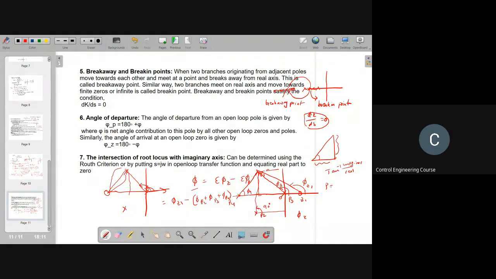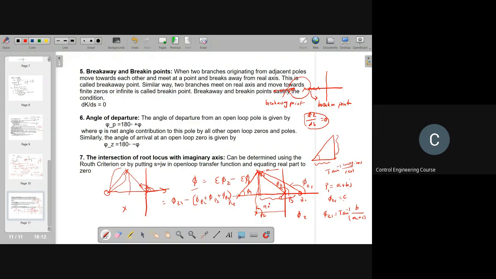Let's say P1 coordinates are some a plus bj, and the zero z1 is on the real axis at some coordinate c. Then your real part will be a plus c, and the imaginary part, that means the height, is b. That means the angle phi z1 equals tan inverse of b by (a plus c).